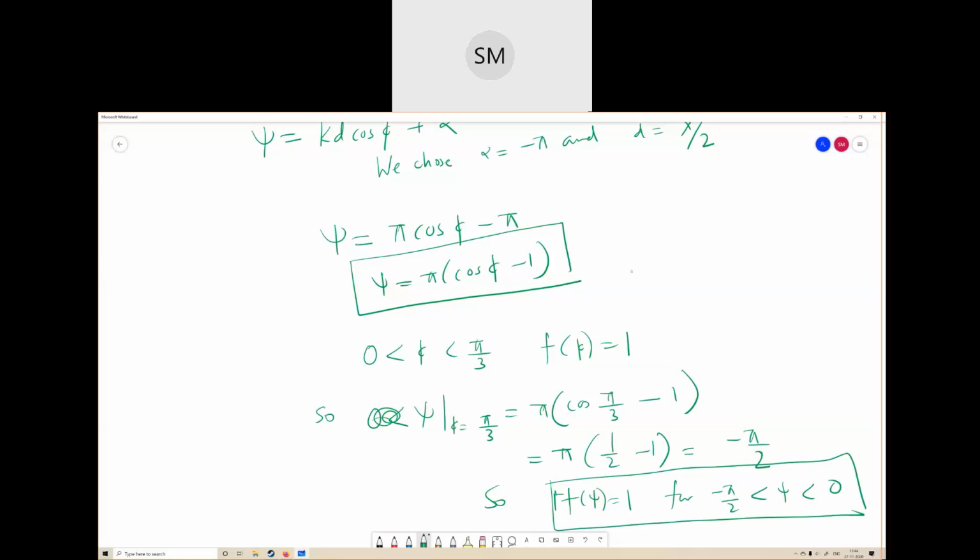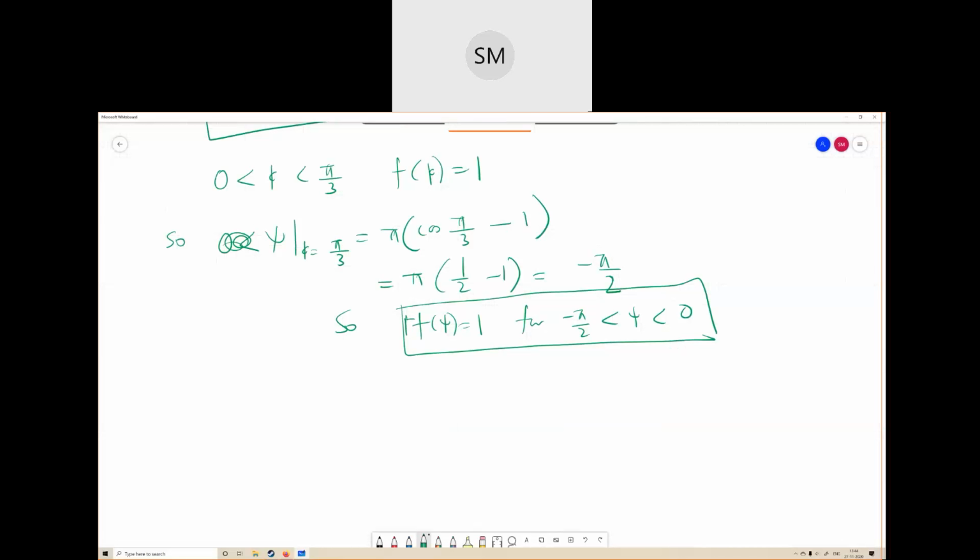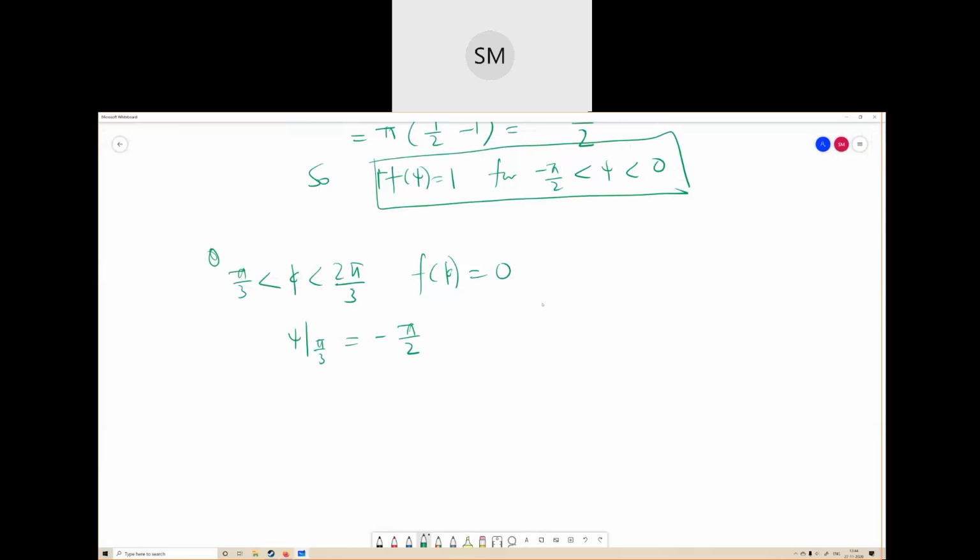Is it all right? We carry on. Pi by 3 to 2 pi by 3 in phi, F of psi is 0. Now this we have already seen, this is minus pi by 2. What is this? That is pi times cos 2 pi by 3 minus 1. What is cos 2 pi by 3?